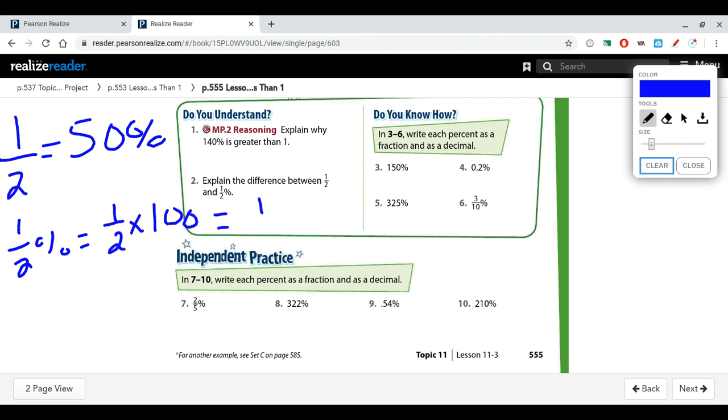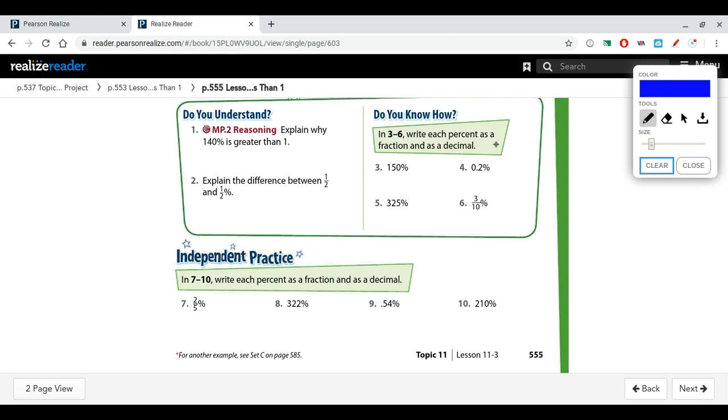Sorry, I'm dividing, not multiplying, I'm dividing by 100. And then I flip the reciprocal. And so I have 1/2 times 1/100th, and I end up with 1/200th. And so they're different values. A half represents 50%. A half percent represents 1/200th.